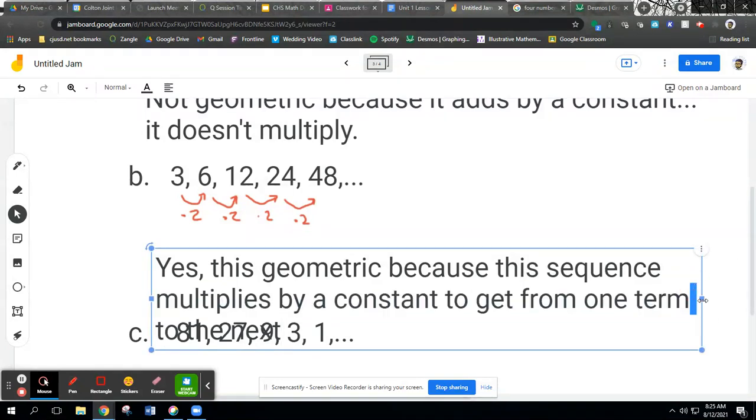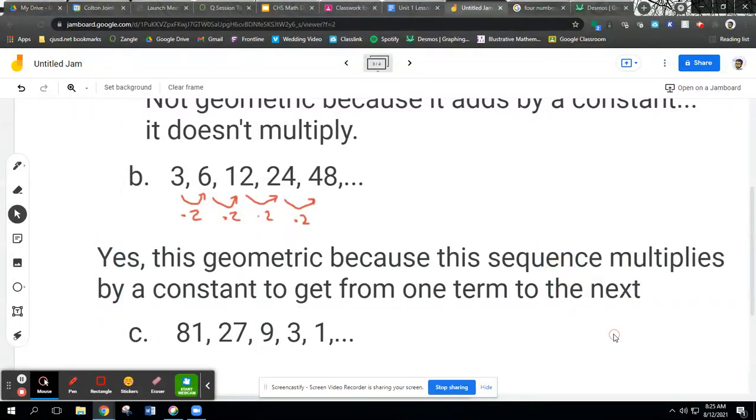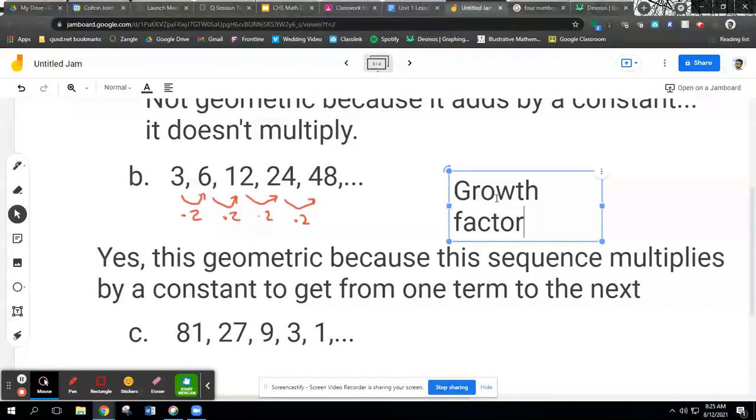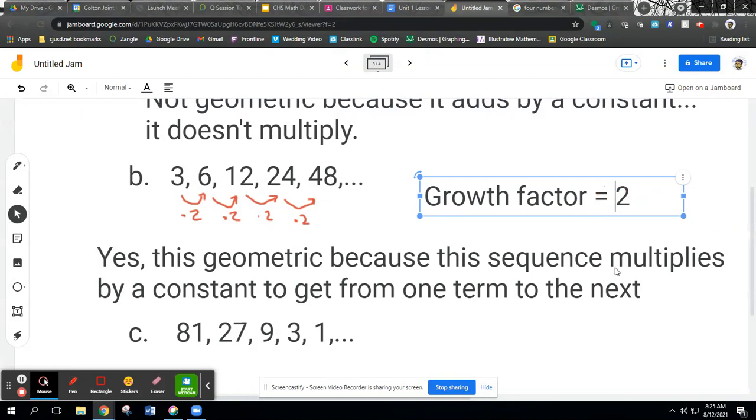And there's an explanation of why this is geometric. Since it multiplies by this constant 2, we call that number our growth factor. The growth factor in this problem is 2 because we multiply by a constant of 2 over and over and over again.